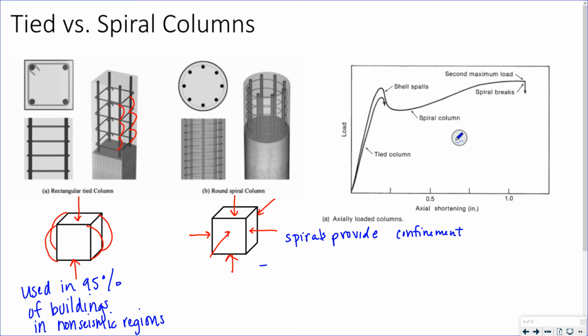So now your concrete core is actually in triaxial compression. The tied column doesn't provide that same type of triaxial compression.